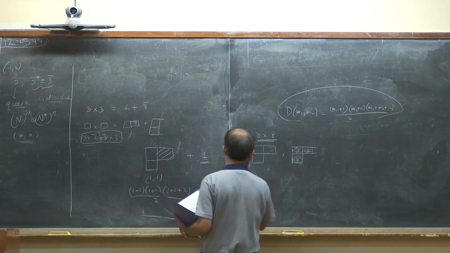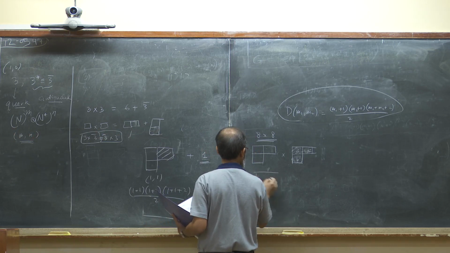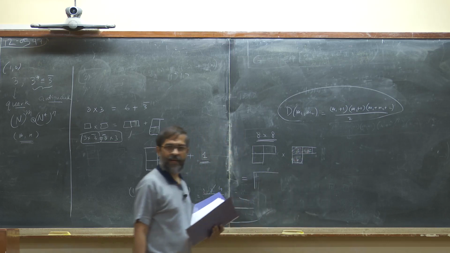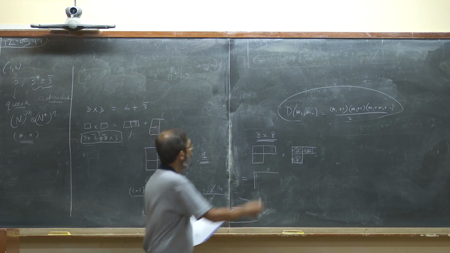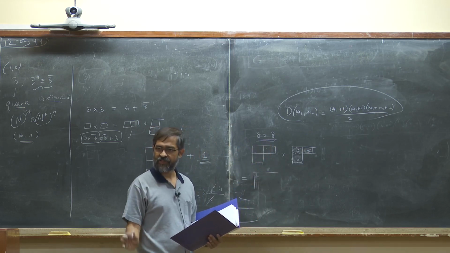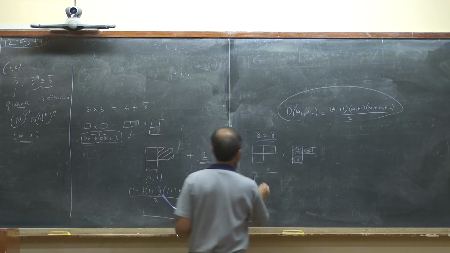So, first I allow these A's as two independent boxes to join anywhere that they like, up to the restriction that it has to be a Young diagram. Okay.